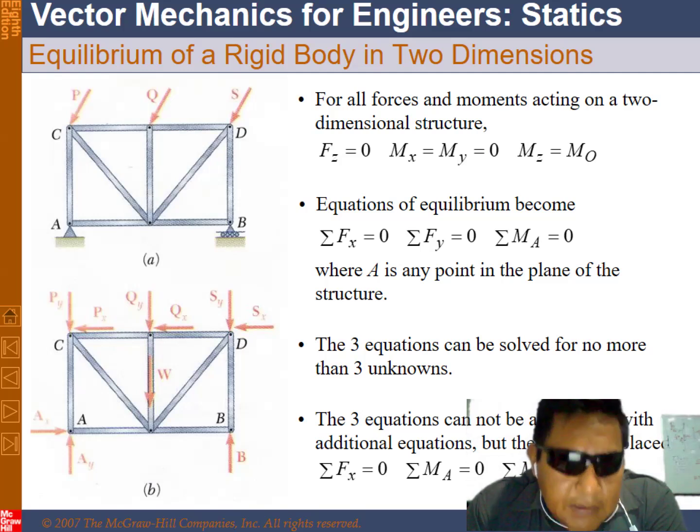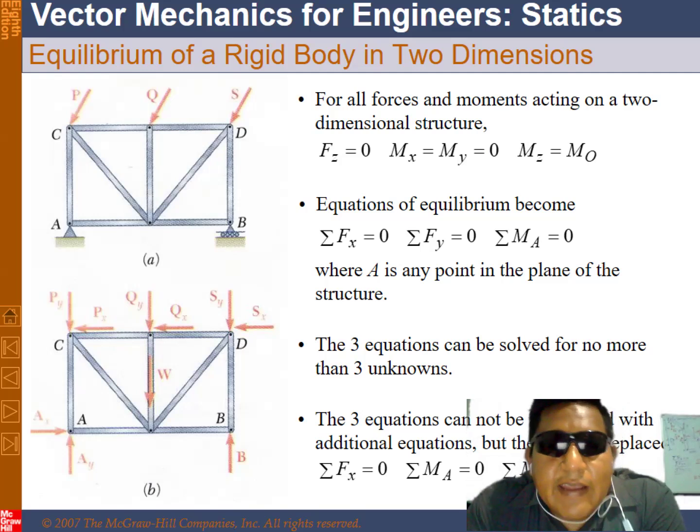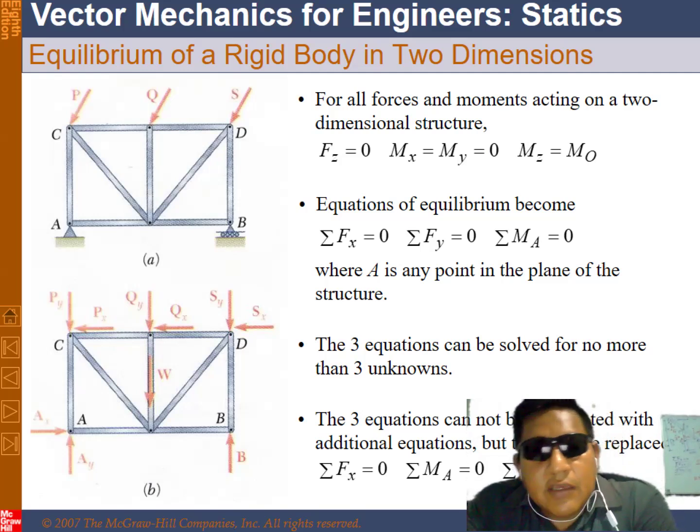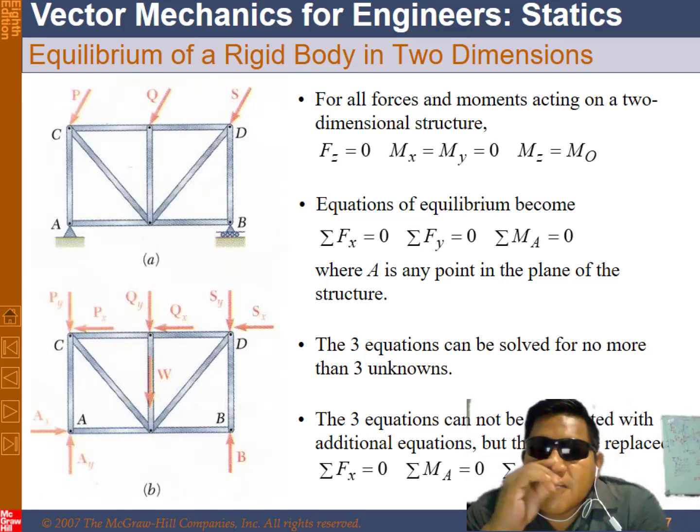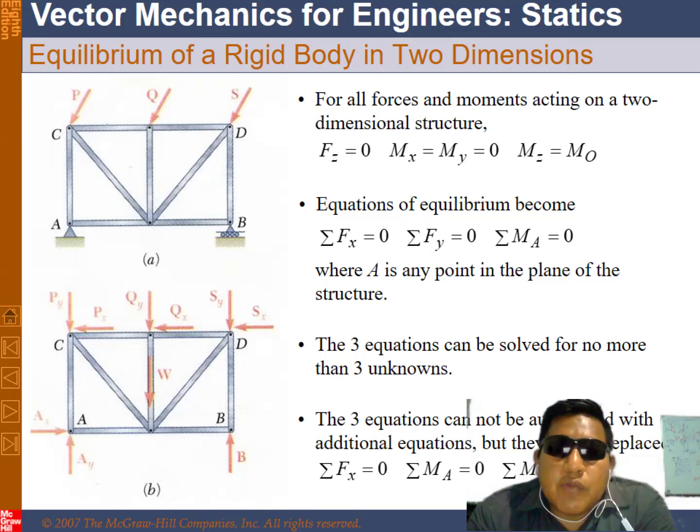For example, it's 1, 2, 3, 4, 5, 6, 7, 8, 9. It's the same. 1, 2, 3, 4, 5, 6, 7, 8. 8 elements in the mechanical structure. Equilibrium of a rigid body in 2 dimensions.